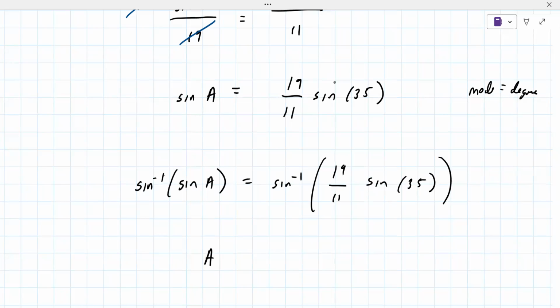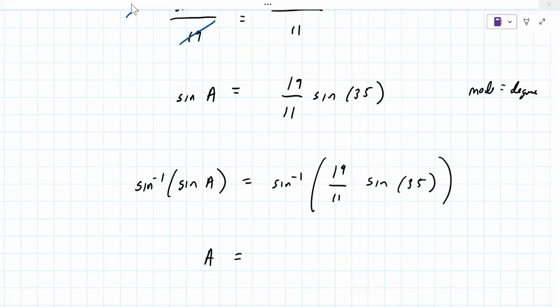So on the left, it undoes the sine, becomes just angle A. And on the right, like I said, this will give you the angle. So if you're comfortable putting all that in your calculator, sine inverse of 19 over 11 sine 35. Go ahead and calculate that.